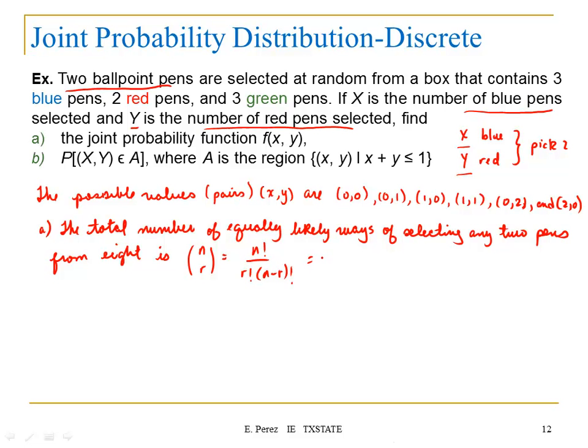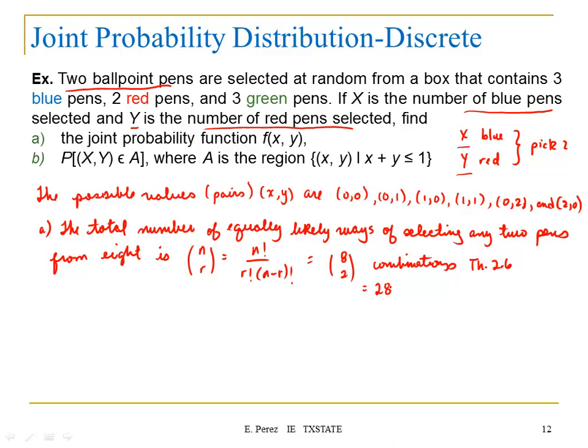So that is 8 choose 2, combinations, and this is theorem 2.6. In this case, that will be 28.